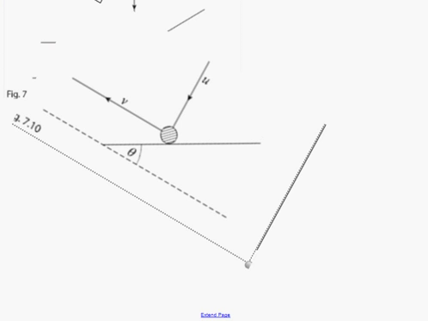Alright, got it. Lucky there. It's theta. Any reason why that's theta? Alternate angle, right? Everybody sees it? There to there to there. Okay, here's your alternate.